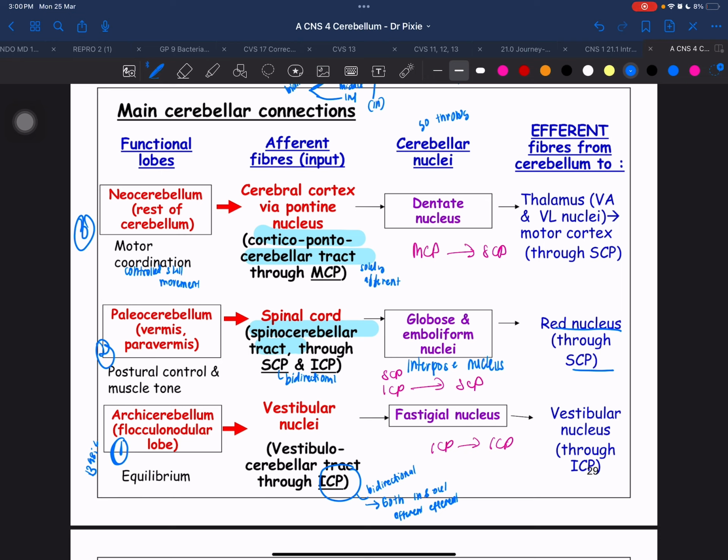Which area sends down the signal? Your premotor cortex. Before it wants to execute, it says, okay, before I execute, I better ask cerebellum how to do it right.